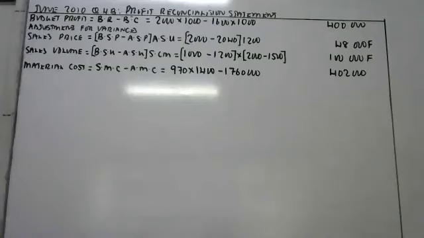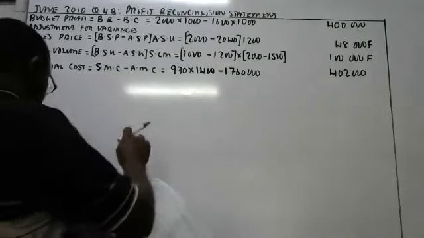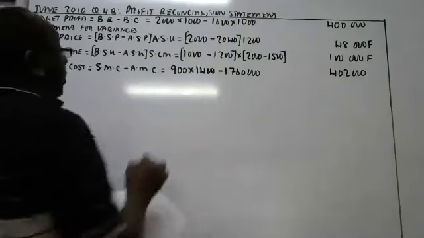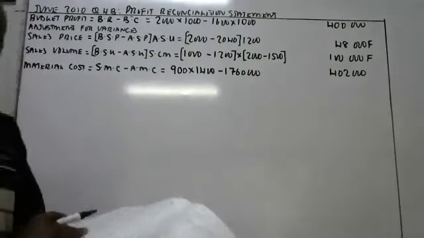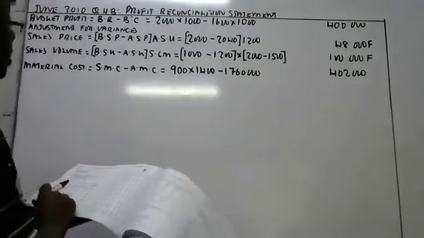I see even the ultimate question had that. The original, this is 900. This is 900. I can see what happened.